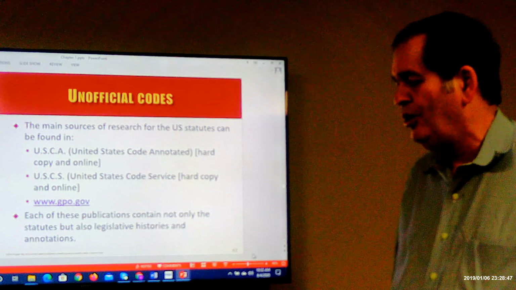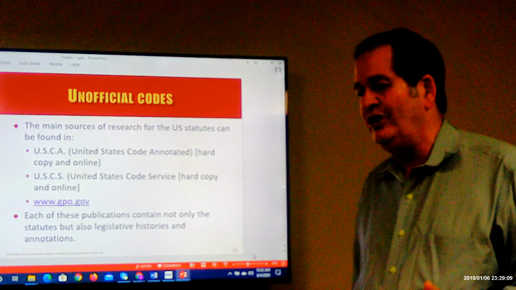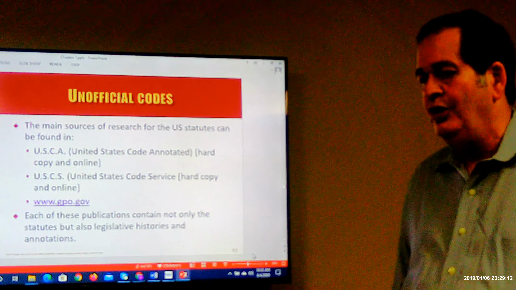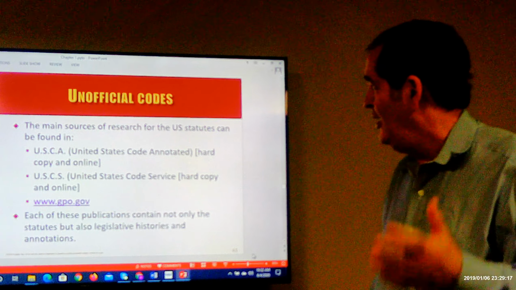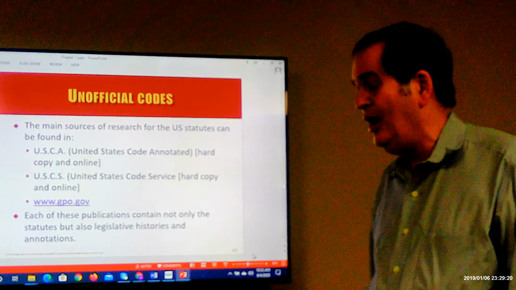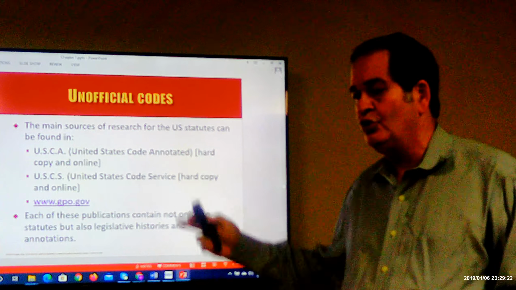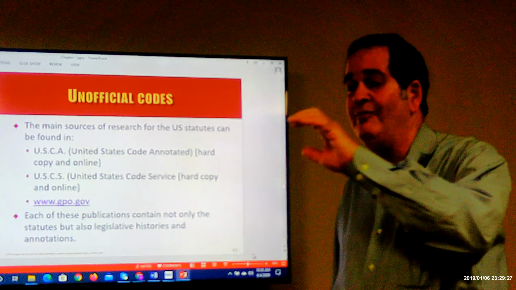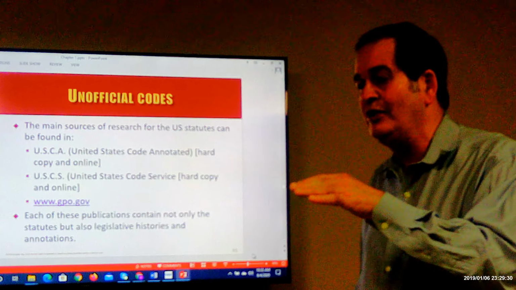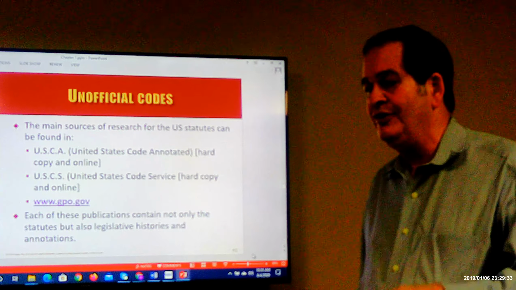What are annotations? They are notes. Primarily, they are cases and the citations to those cases that have addressed those particular statutes. So it's a very useful way of getting started in your research, and it'll have a note. For example, let's say Title 19 of the Georgia Code, where it says only the mother of a child born out of wedlock has legal rights to that child.